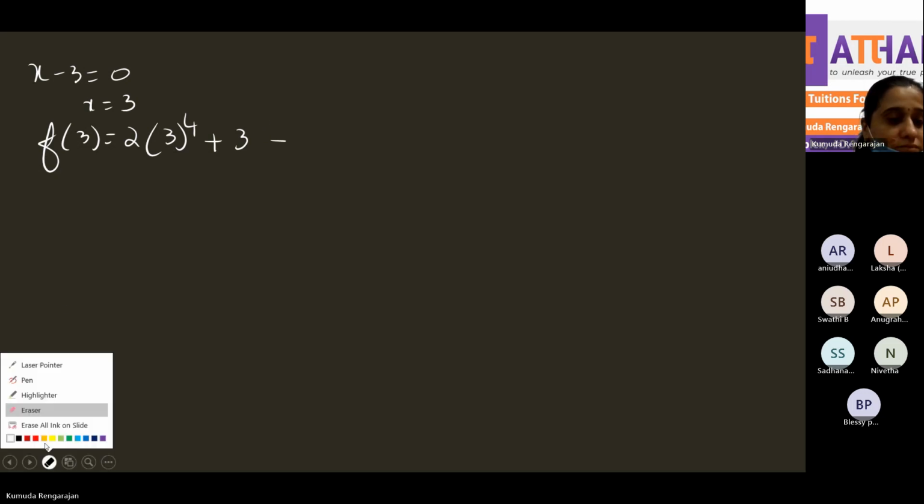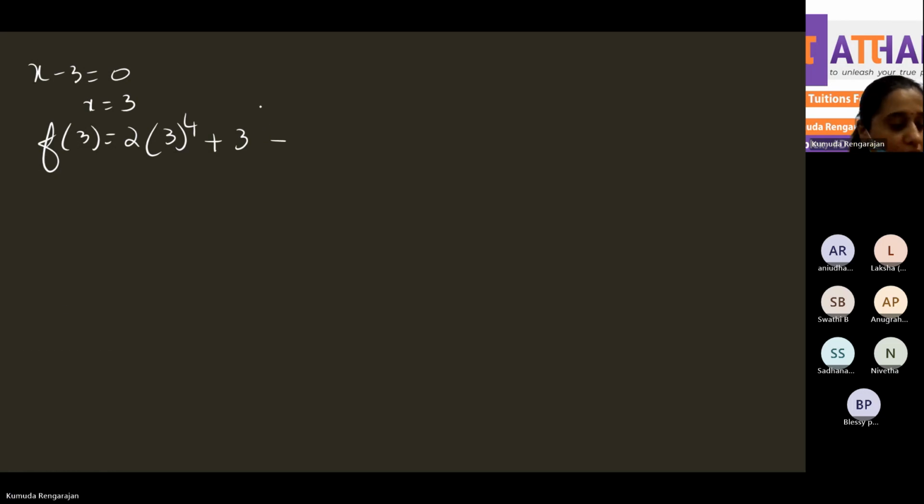F of 3 is equal to, I don't have the polynomial, tell me. 2 into 3 to the power 4, then plus 3 cubed, minus 14 into 3 squared, minus 19 into 3, minus 6.